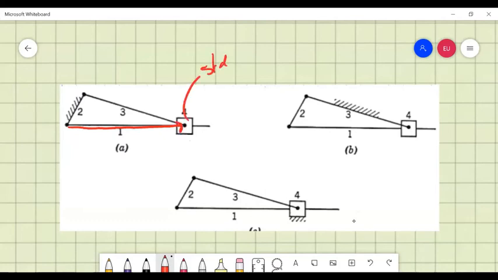This is a slider. This slider is allowed to move along the link, and the link has a joint here. So that joint will allow link 1 to rotate, and the slider can go in and out, or can move along the link. So this means that this vector here will be variable, and that means Coriolis.